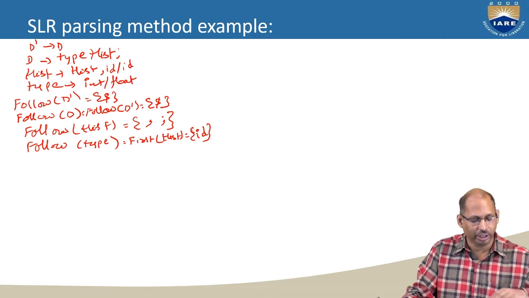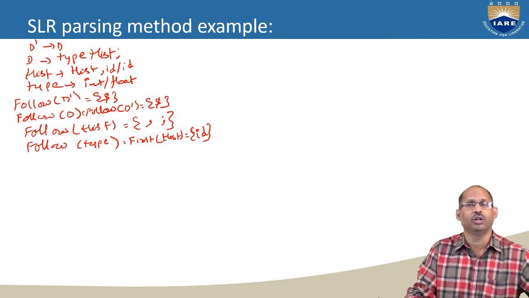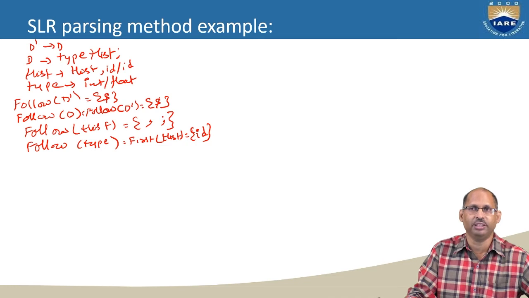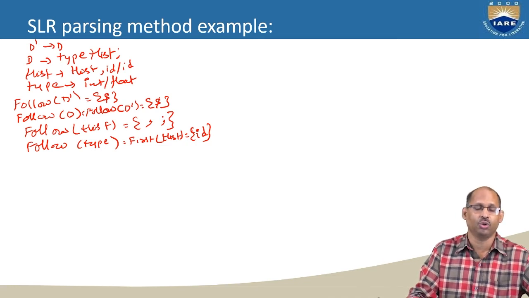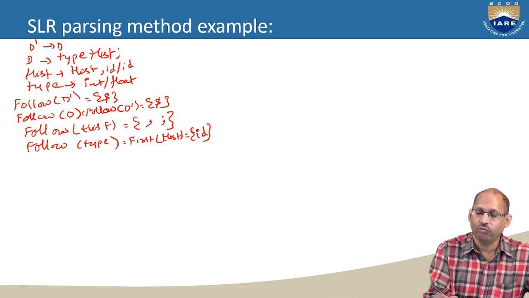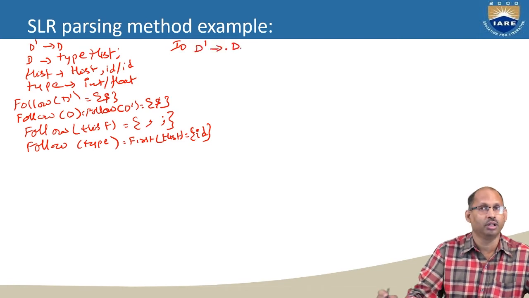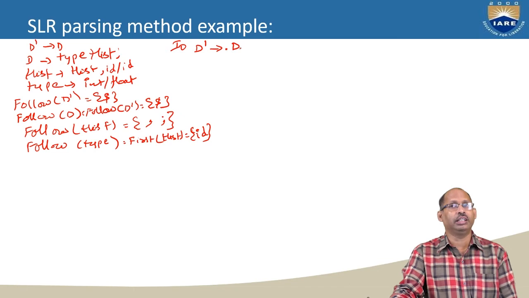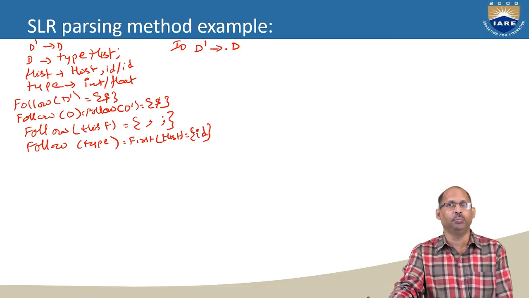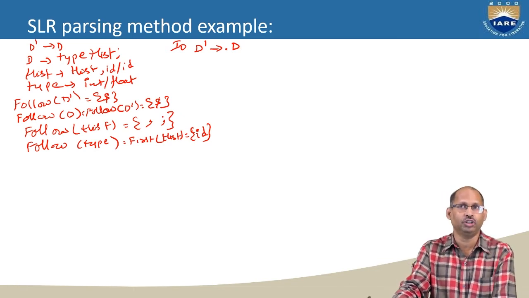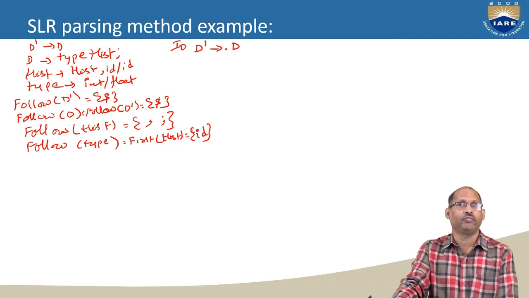Then we start constructing our items, closure operations, then goto operations. First we start with our I0 group. In this I0 group we consider D dash gives dot D, that is the first production.